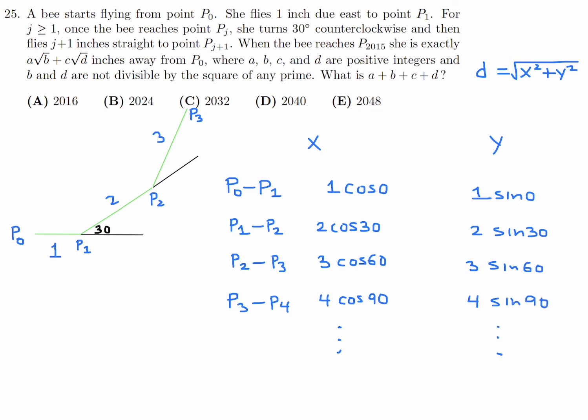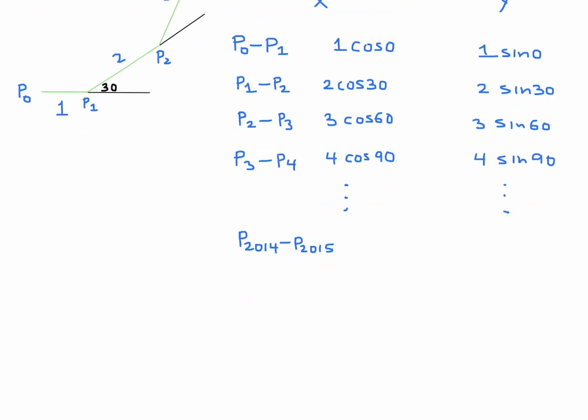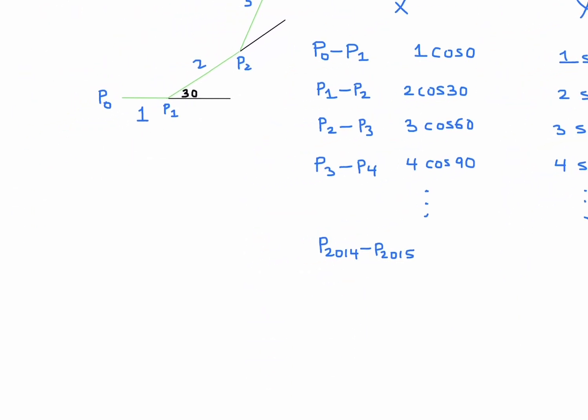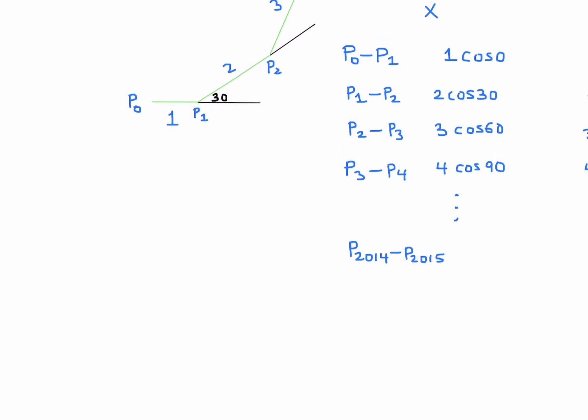And then we have to keep going all the way until we get to P2014 to P2015. But the good news is that there's a bit of a pattern here, and that's what I have to explain. So what I'm going to do is concentrate solely on the x direction, and then once we get the x direction, we can talk about the y direction.